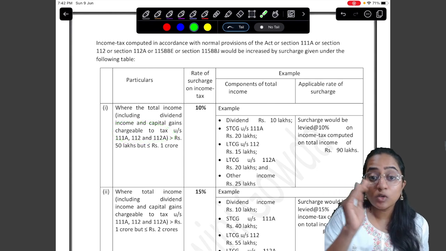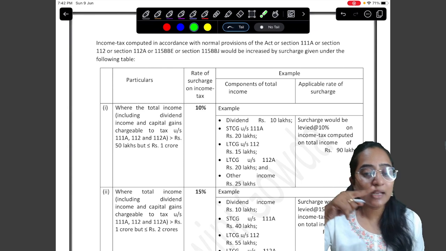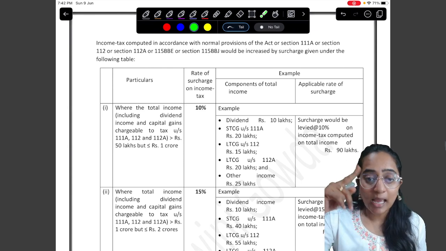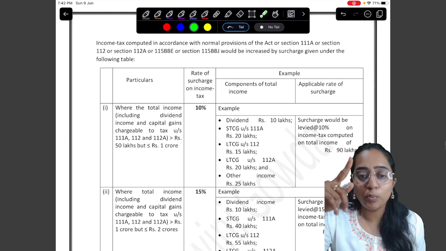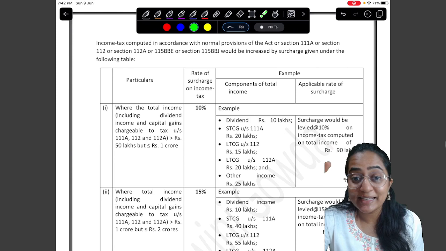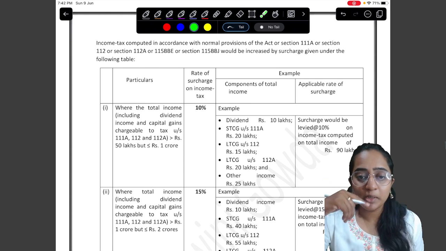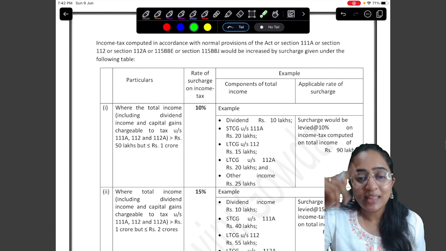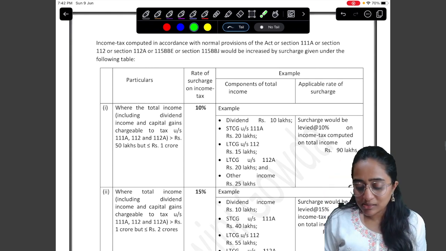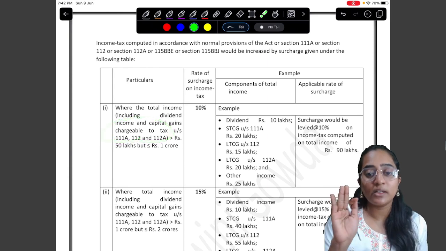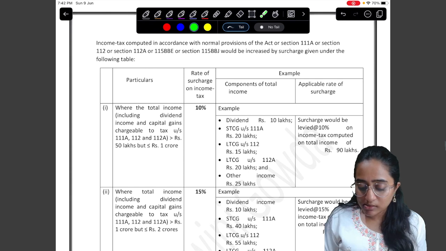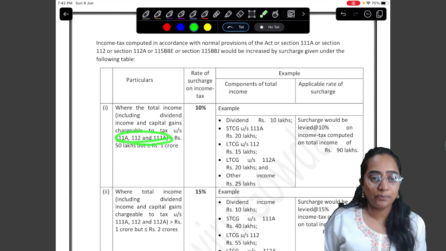It means it doesn't go as per the slab rate which we have studied for individuals. Slab rates you have seen, up to 2.5 no tax, 2.5 to 5 it is 5%, then it is going to be 20%. You saw that, no? But slab rate will not be applicable in this case. It means the flat rate. That is, special rates of taxes are applicable for these three categories.